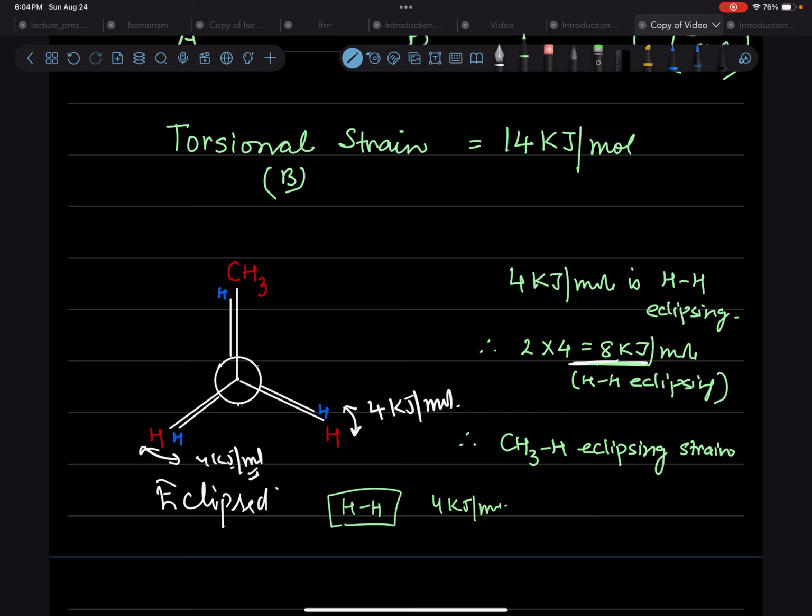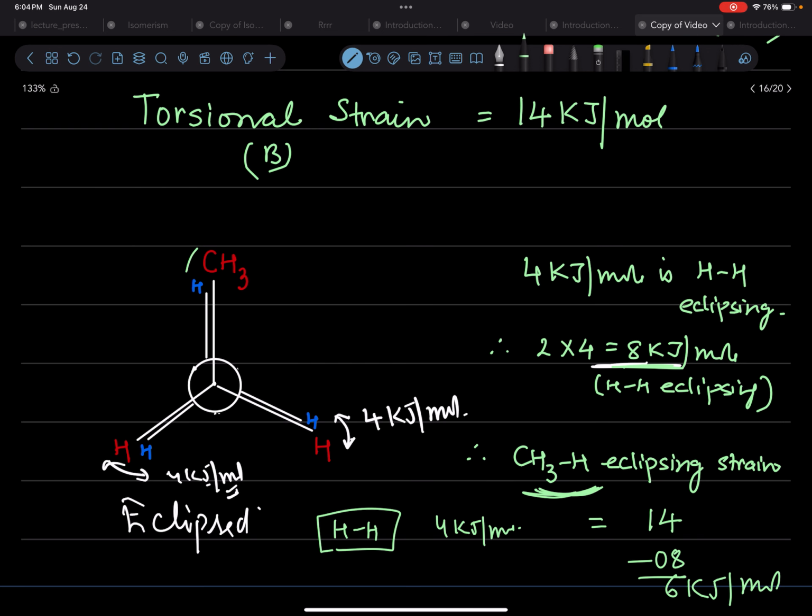It means the energy which has increased because of methyl-hydrogen eclipsing strain would be 14 minus 8, which is 6 kilojoules per mole. So this interaction is responsible for an increase of 6 kilojoules per mole of energy.